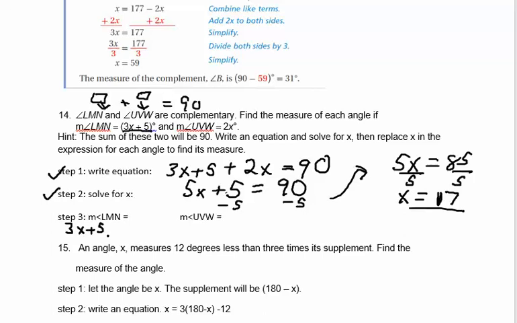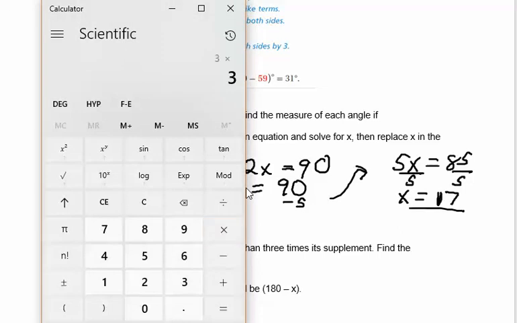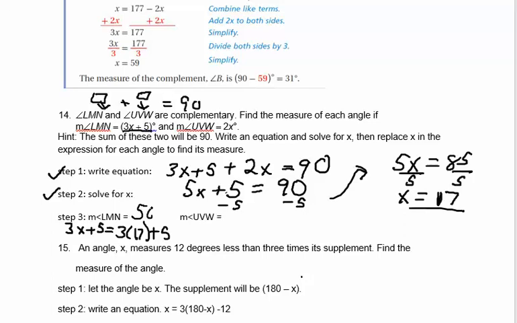So instead of 3x plus 5, I will have 3 times 17 plus 5. That's 51 plus 5, but I can double check. 3 times 17 is 51 plus 5 is 56. Okay, so I'm right. This is 56 degrees. And for the measure of angle UVW, that one's 2x, so that one's going to be easier. You're just going to take 2 times 17, and you'll get your answer for this one.